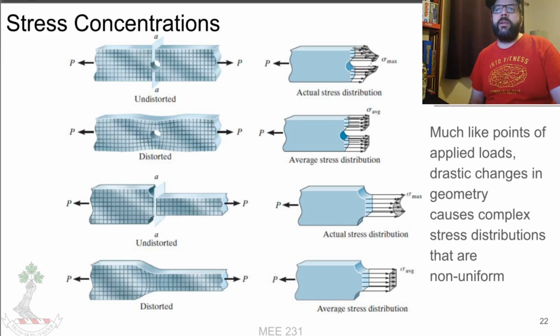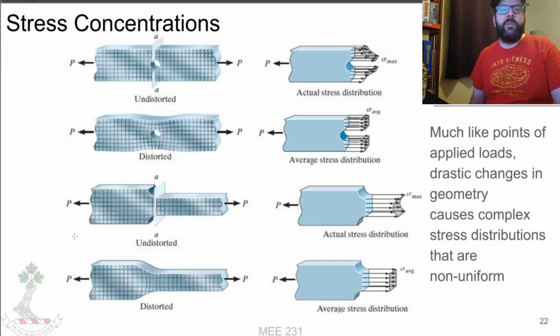So you're going to get a higher stress right by the hole and a lower stress distribution away from the edges. That will be compared to, say, the average stress distribution evenly distributed amongst it.